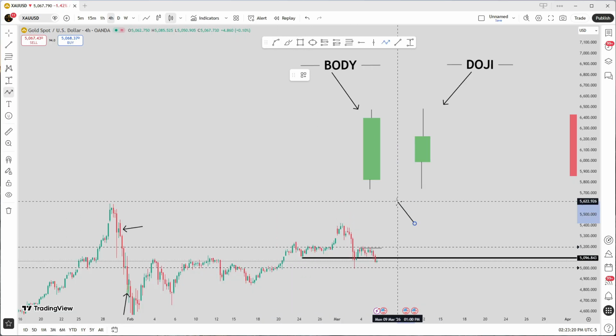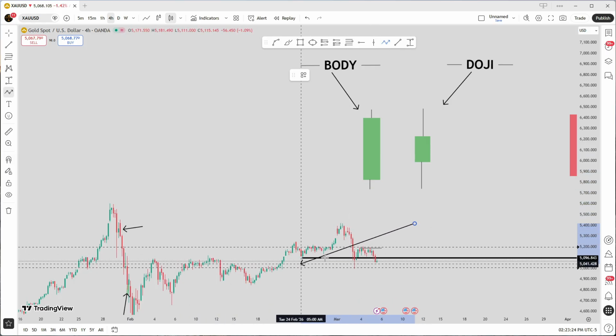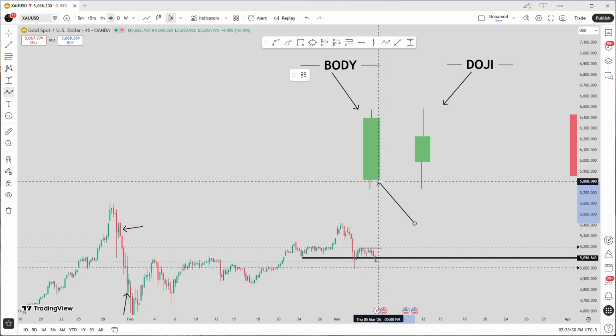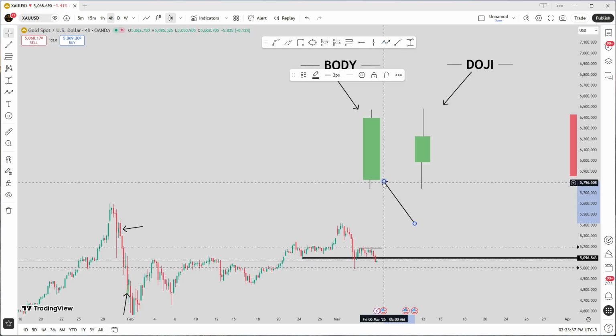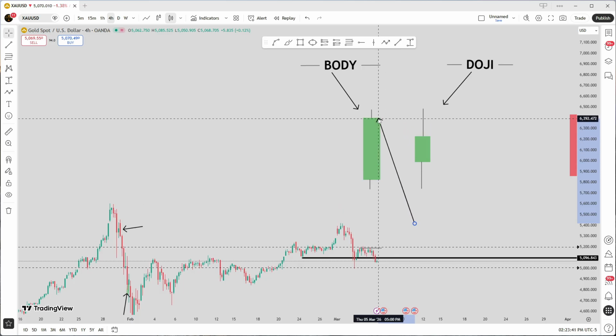That same description of the trend is the same thing within a candle itself. So this green candle starts from the bottom of the body and it ends at the top of the body.